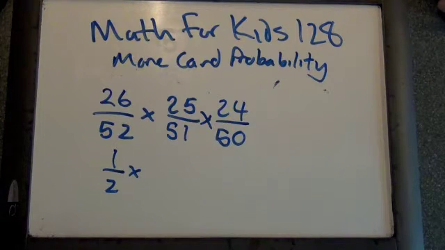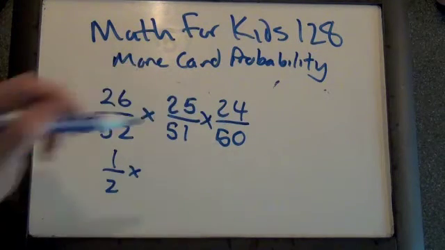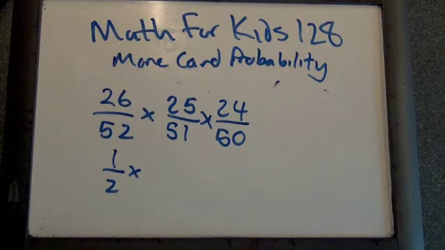Now, do you see what other easy simplifying step we can take multiplying these fractions together? 24 over 50 can be simplified, but what else could we do to make an even simpler situation?